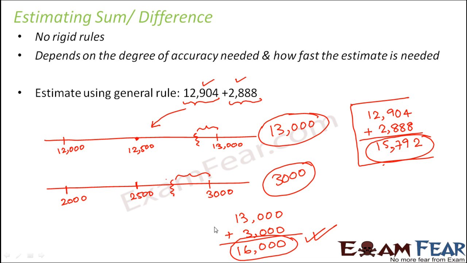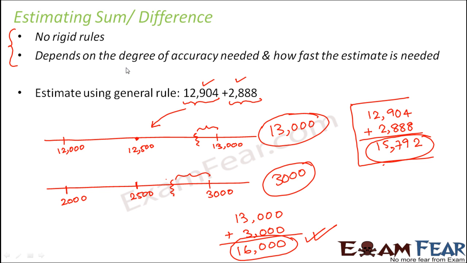But in that case, your sum will be more complicated because you do not have zeros at the ends. So it depends on how fast you need the estimate. If you need the estimate very fast, then you round off to the higher places, like thousands or hundreds, depending on the numbers. But if you need more accuracy, then you round off to the smaller places, like tens. So there are no rigid rules.